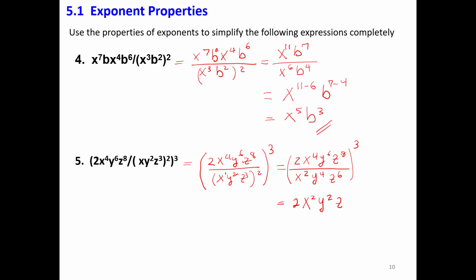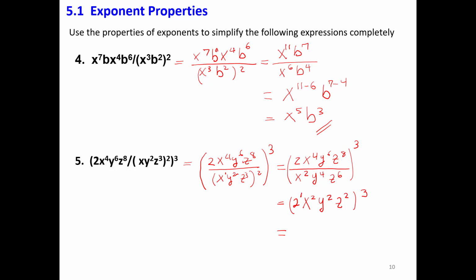Z, 8 minus 6 is 2, to the third power. Remember, we can apply the quotient rule only if we have the same base. Yes, in this case, the same variable. This is 2.